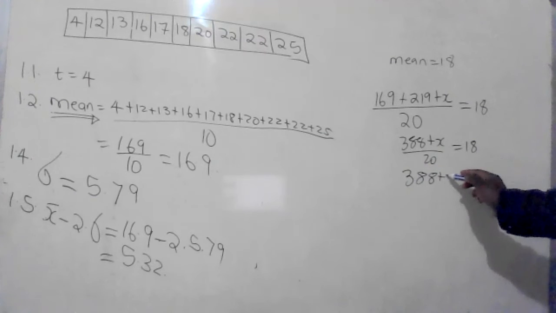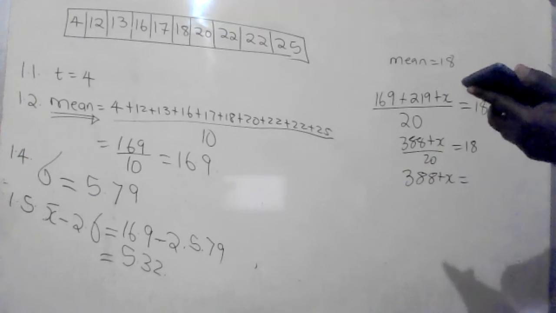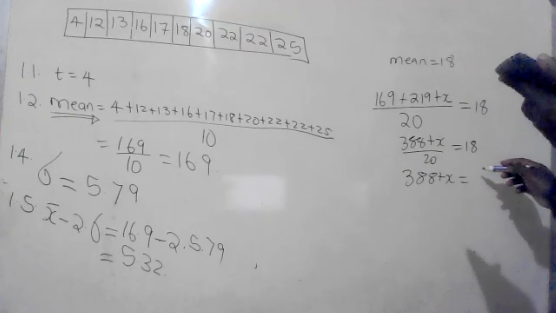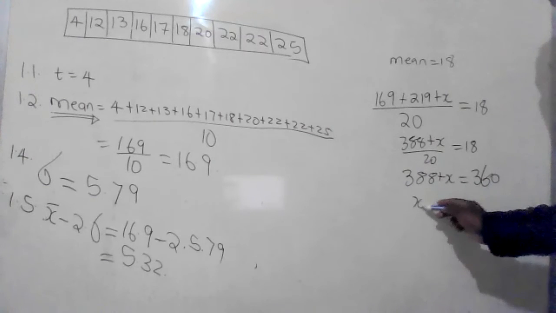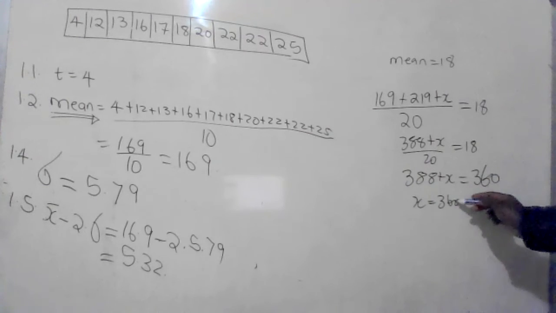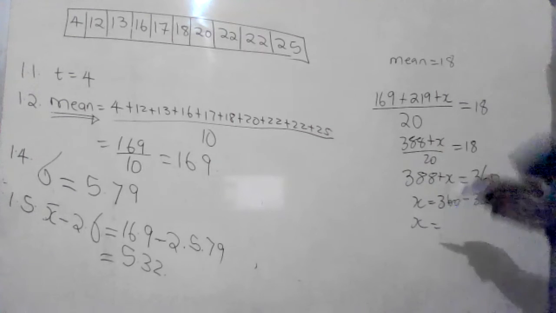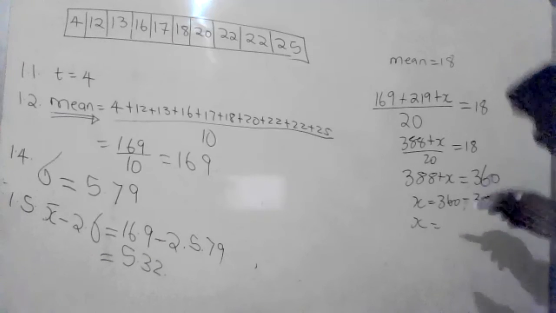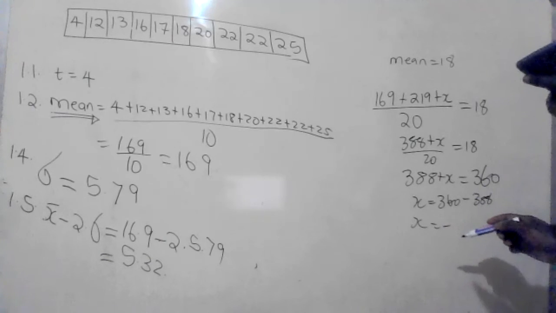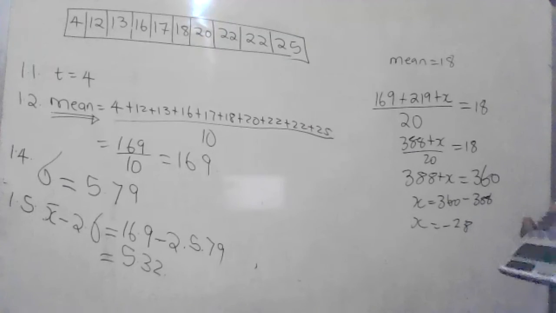When we cross multiply, we have 20 times 18, which is equal to 360. And then we take this to the other side, so X is equal to 360 minus 388. That means X will be equal to negative 28. Very true. So that is the value of X we wanted in this case.